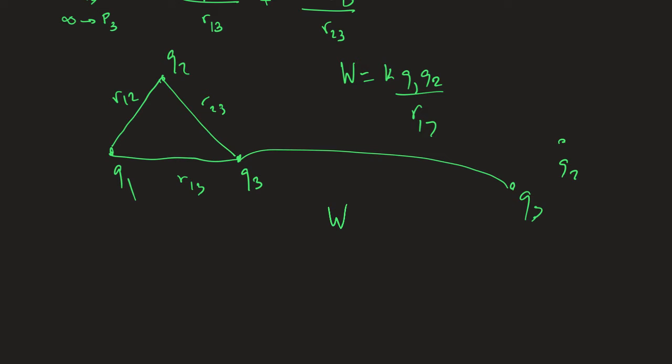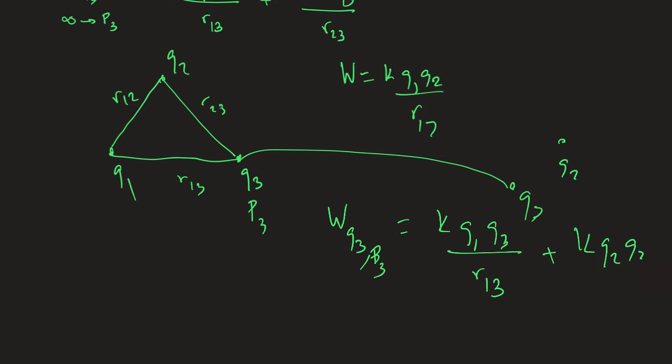So the work to bring Q3 to a certain position, let's say P3, will be Q1 Q3 divided by R13 plus Q2 Q3 divided by R23. So this is the work for bringing Q3 and this is the work for bringing Q2.